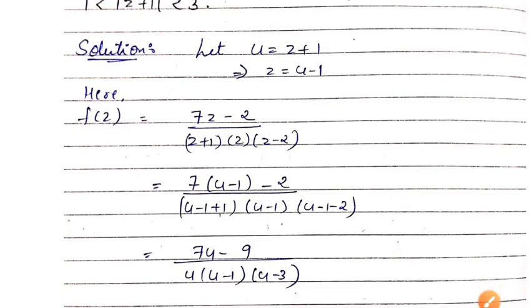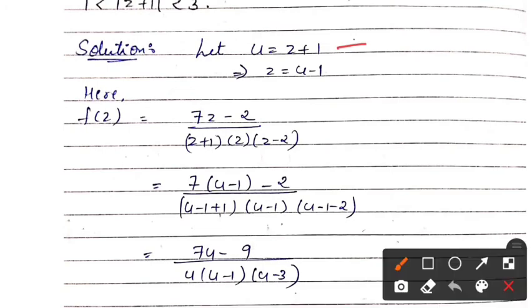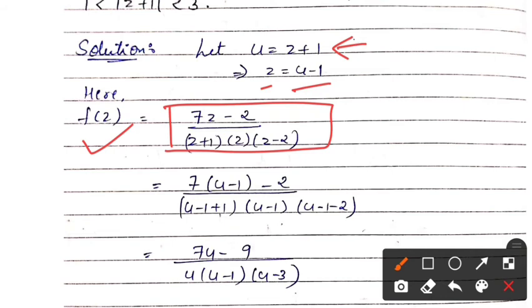So if I have z plus 1, then I will assume it as u. If u equals z plus 1, then z will be equal to u minus 1. So I will replace z equal to u minus 1 in the given function. This is our given function. I will put z equal to u minus 1.